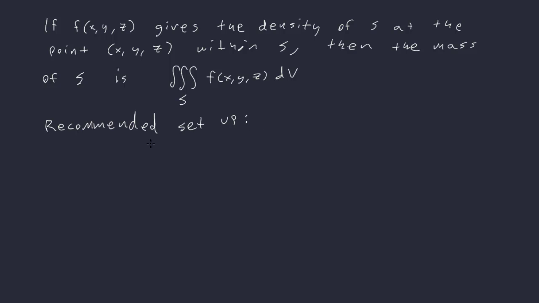What I like to do is, if possible, set this up with an x integral on the very outside, so say x going from a to b. Then the middle integral, if possible, let y go from what I'll call the bottom of R to the top of R.